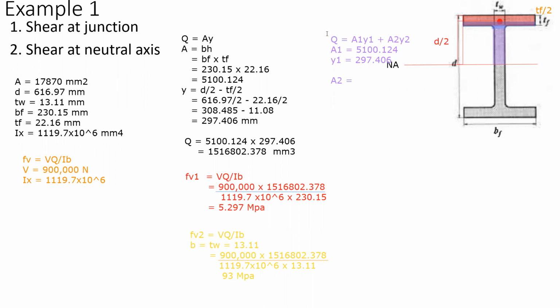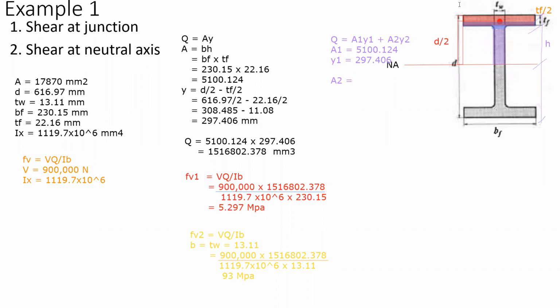So if the whole thing is D, and we divide D over 2, it's this. And if we subtract TF, we get the value. Let's call this one small h. And our base would be TW.